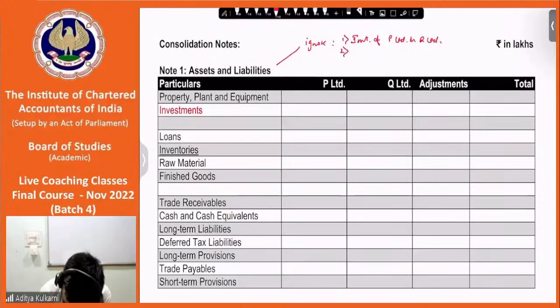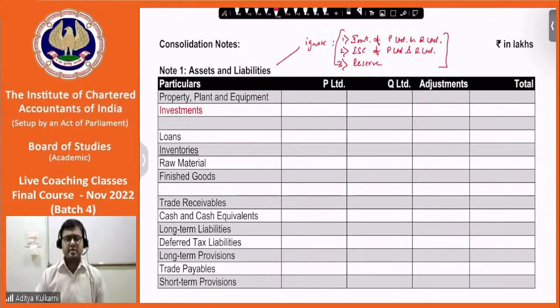Second one, I will ignore equity share capital of both the companies, P Limited and Q Limited. And third one, I will ignore reserves. Investment of P in Q goes in the COC account. Equity share capital of P and Q, we have separate places, and reserves we have separate places. So ignore these 3, copy the items as it is. Just do a plain copy.